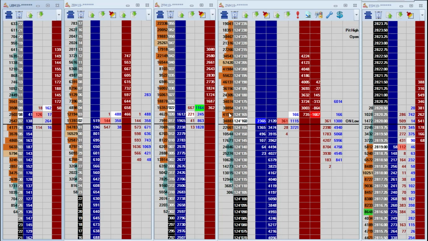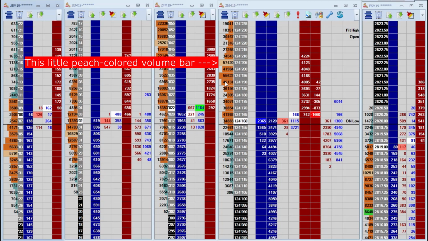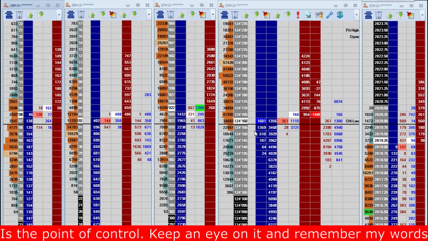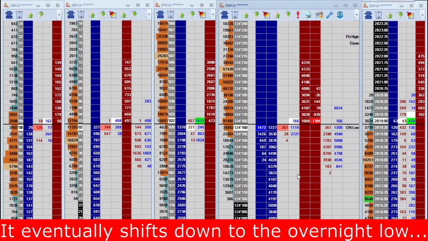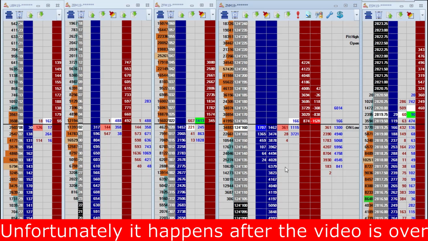Point of control would shift down if they just ignore this level, again, a pretty obvious resistance point.